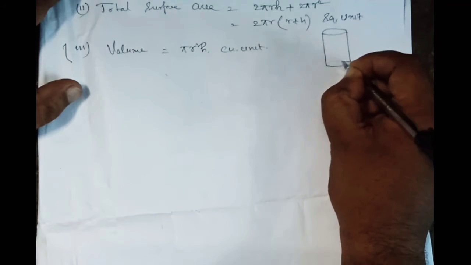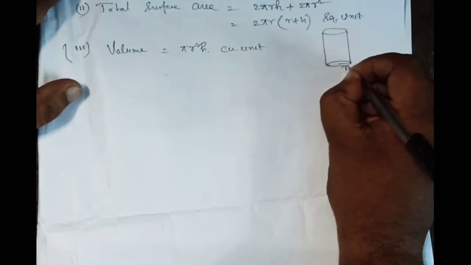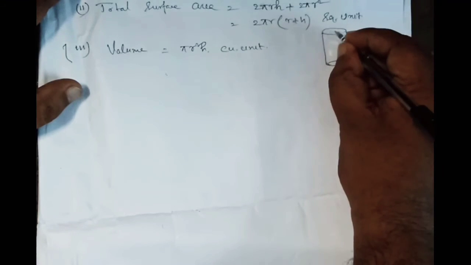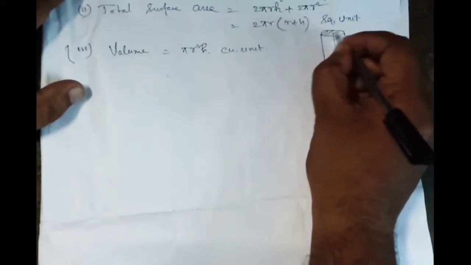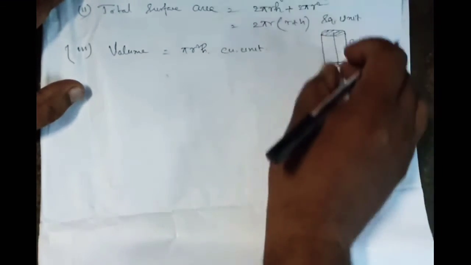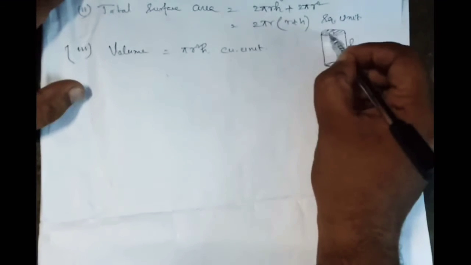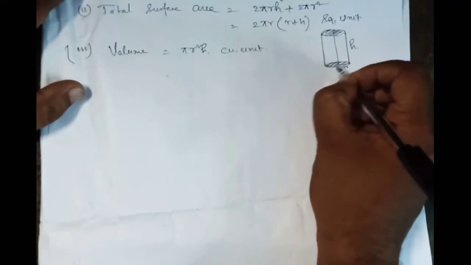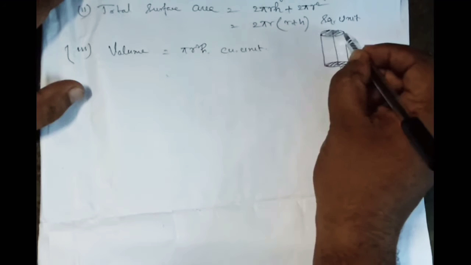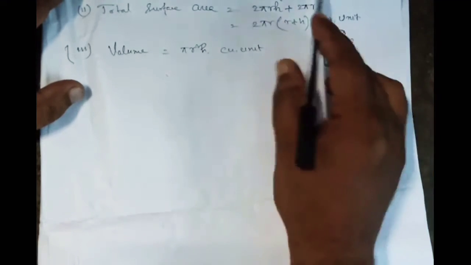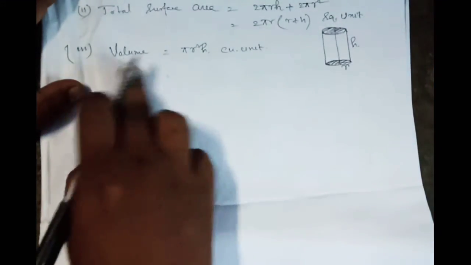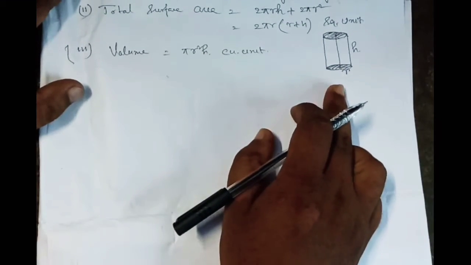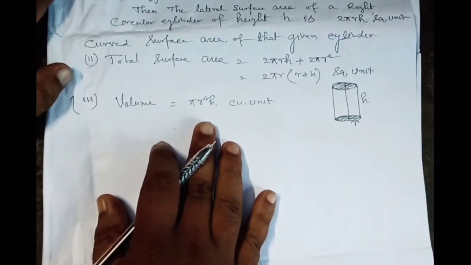This is the shape. If we take the base radius, this is r, this is h. Then the total surface area is the whole, consisting of these two circles together with the curved surface area, and only the curved surface area is this. Okay, and volume is the total quantity contained in it.